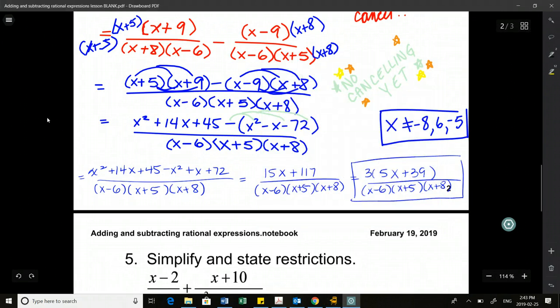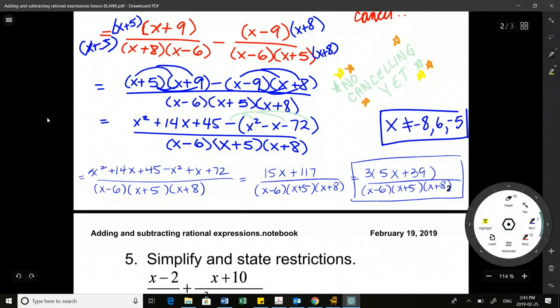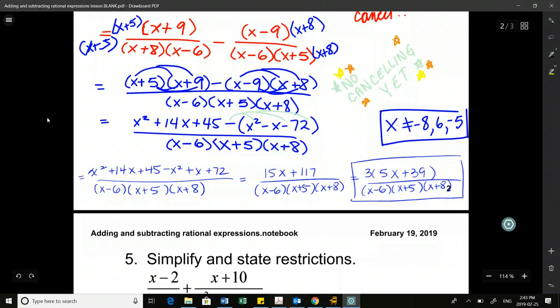So just a little thought. Maybe we want to write ourselves a little note on here, just saying that this step right here is a major difference between addition and subtraction, okay?